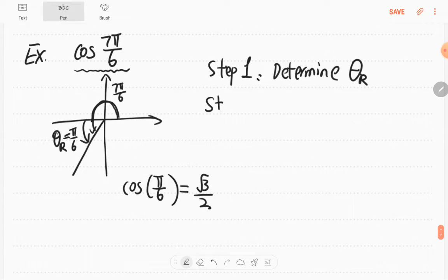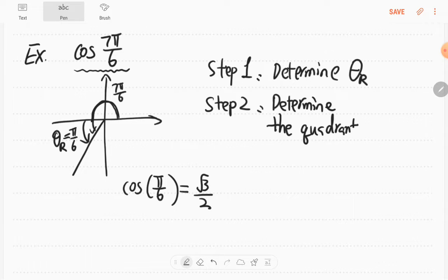Step 2. Determine the quadrant to get a plus or minus. Get the sign.